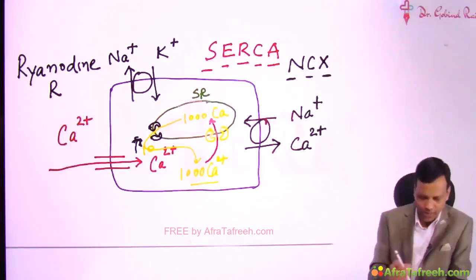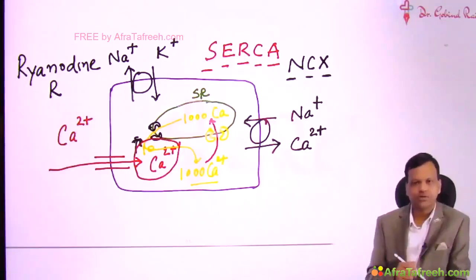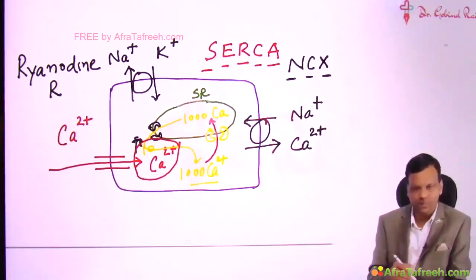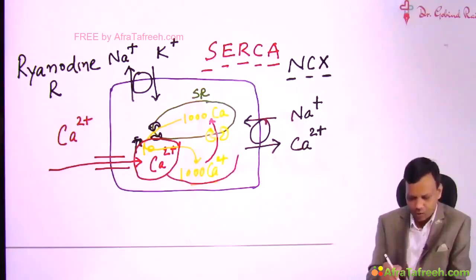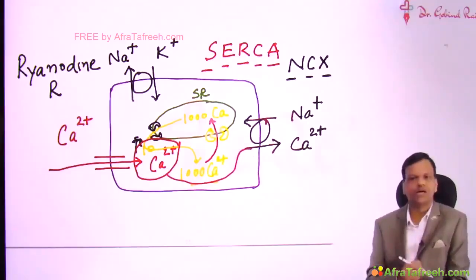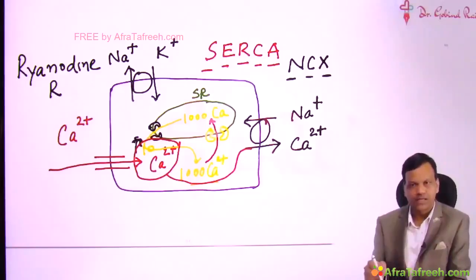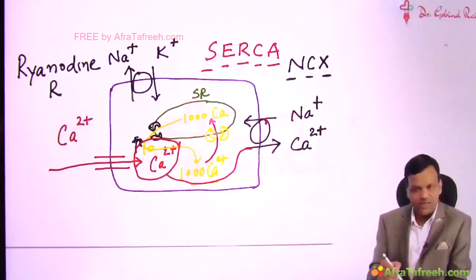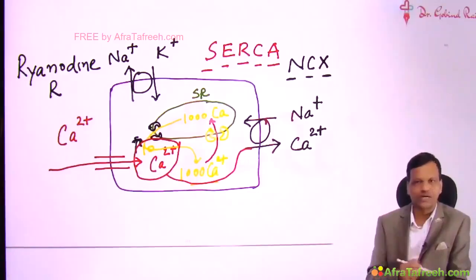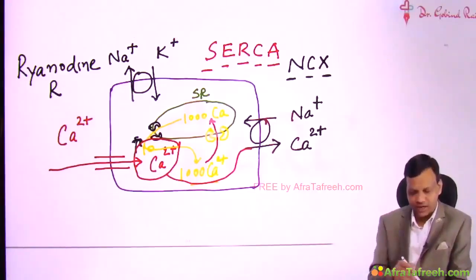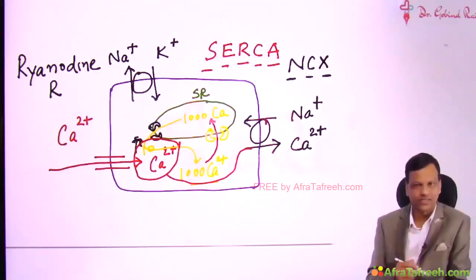Now what about these 10 molecules of calcium which have entered from outside? These 10 molecules of calcium which entered during the depolarization will go out through the sodium calcium exchange. So basically the calcium which has entered from outside will go out, and the calcium which has come from the endoplasmic reticulum will go back into the endoplasmic reticulum. So that means the cell will again become as earlier, a normal cell.